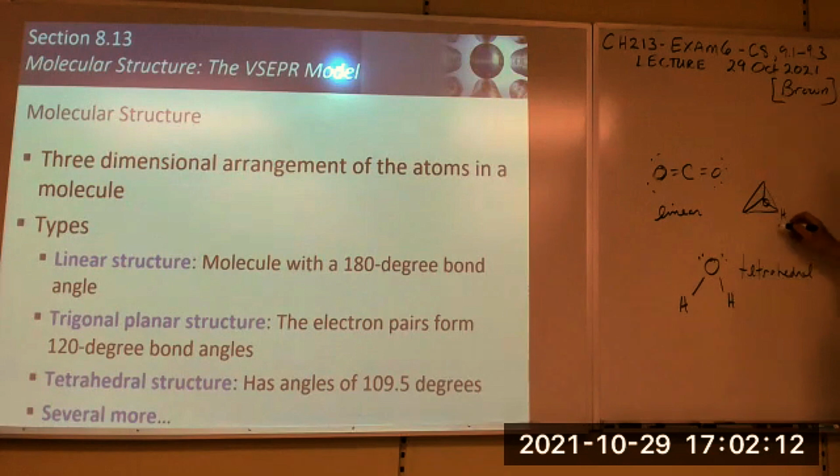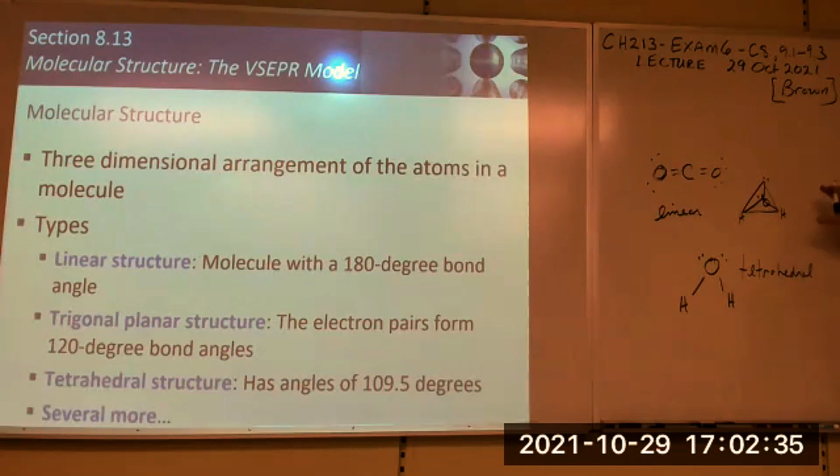You got a hydrogen over here. These lines on the tetrahedron are not bonds. They're the geometric shape. The bonds are still between here and here, and then the other corners, here's a corner back here, and there's a corner up there, are occupied by the lone pairs.